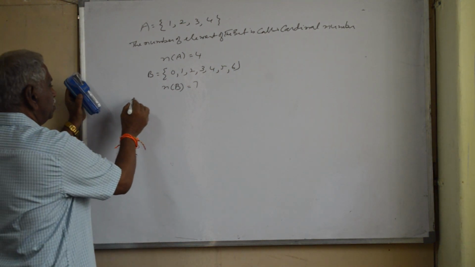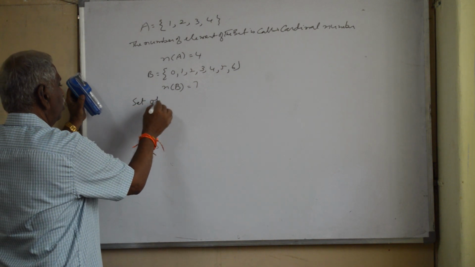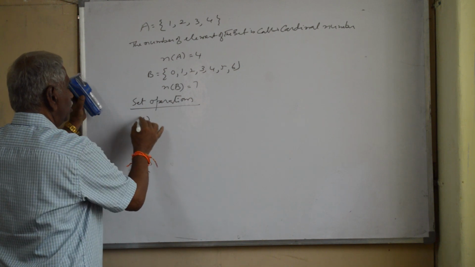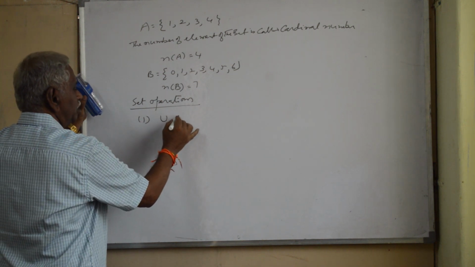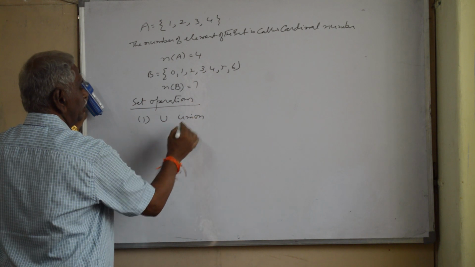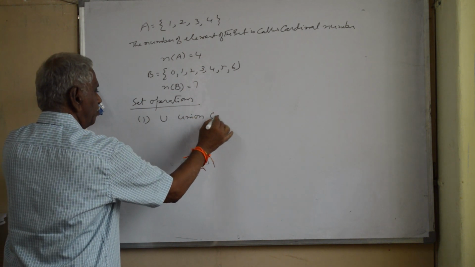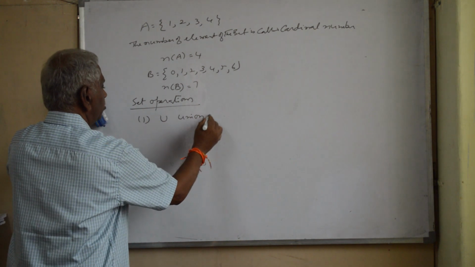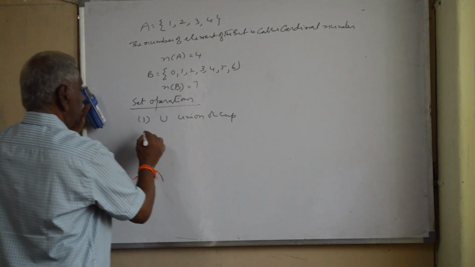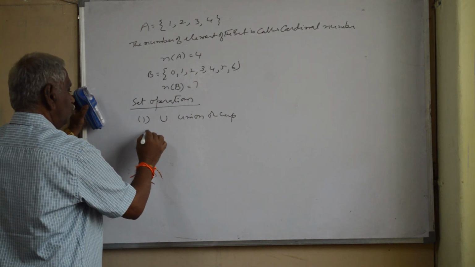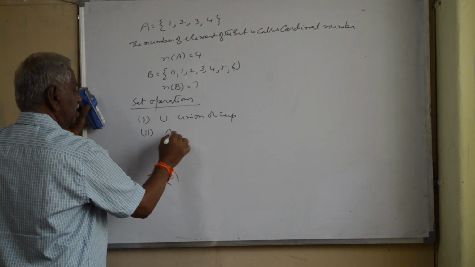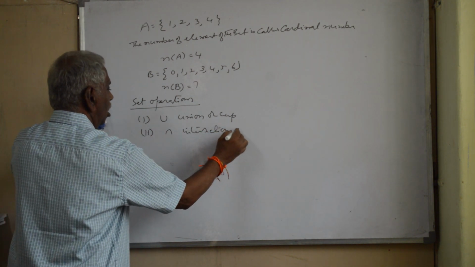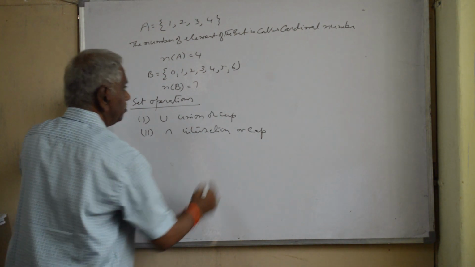And set operations. One, union. We call it union or cup. Two, intersection, or you can say cap.